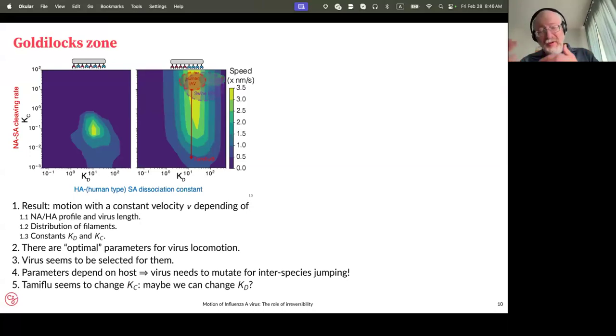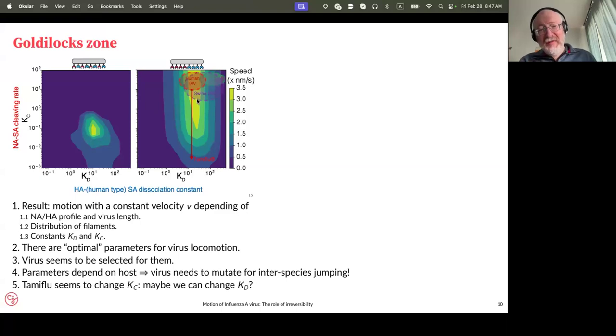If you cleave too much, you burn all around you and you are stuck. If you don't burn anything, then you don't have active motion and you are stuck. So basically you have a Goldilocks zone. And this Goldilocks zone actually depends very critically on your environment. If you change your mucociliary layer, if you change the chemistry of the filaments, if you change the density of filaments, you get a different optimality constant.